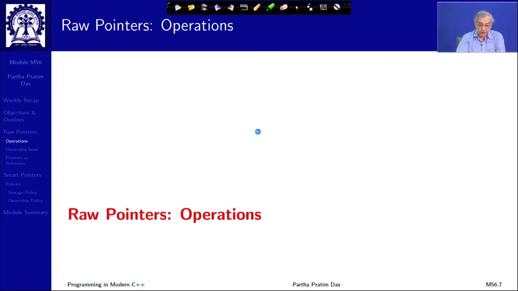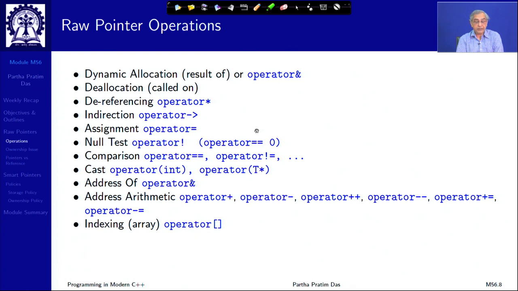Now, the resources, as we know, are held by pointers, and in this discussion we will call them raw pointers to distinguish from the version of pointer that we are going to introduce, which is the smart pointer. Just to remind you what operations a pointer can do: dynamic allocation results in a pointer, or the address-of ampersand operator will give you a pointer.